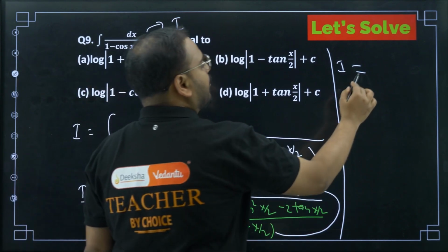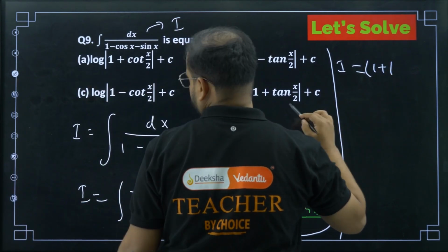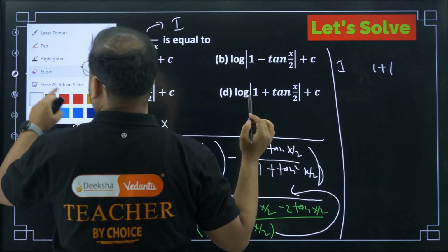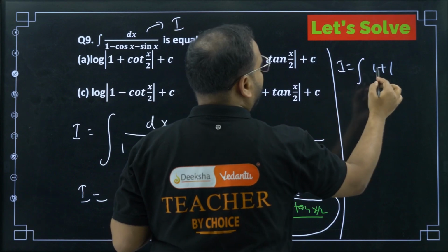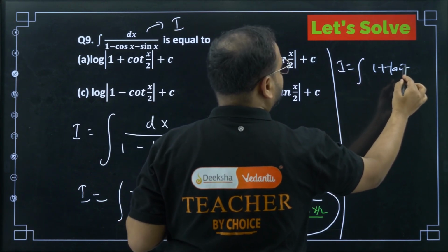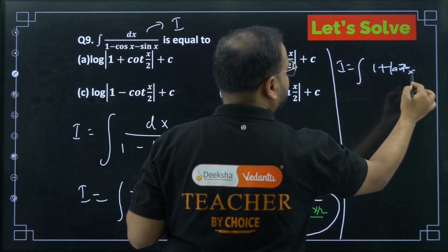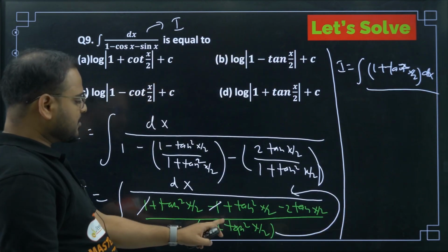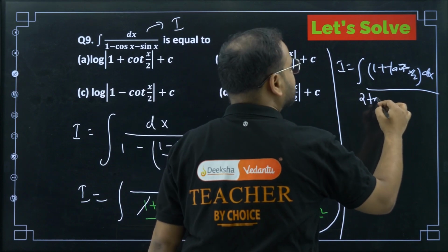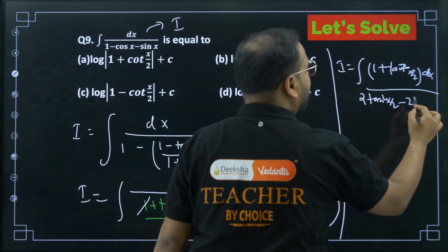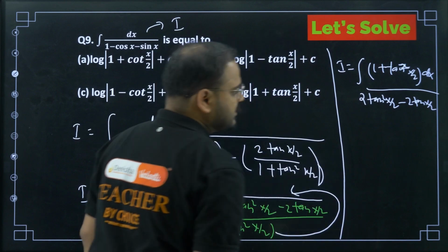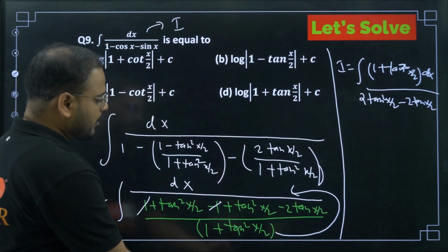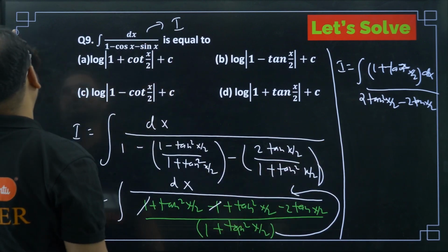It will go as 1 plus tan square x by 2 times dx in the numerator, divided by 2 tan square x by 2 minus 2 tan x by 2. Please have a look.